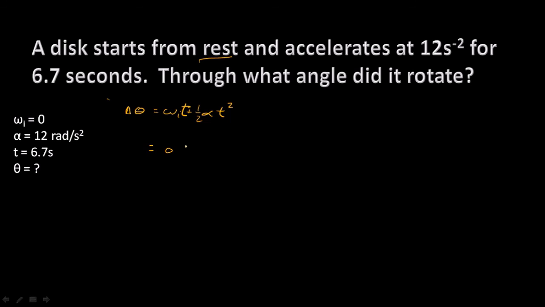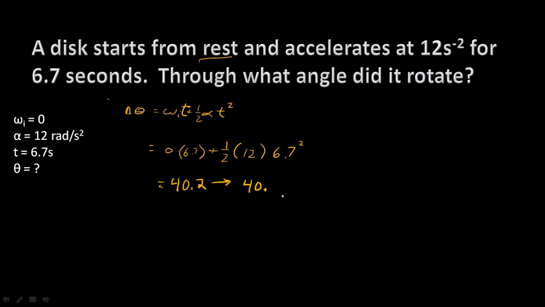It's going to be 0 times 6.7 plus 1/2 times 12 times 6.7 squared. And then we compute the answer, and we're done. My calculator says that the answer is 40.2, but that's too many significant figures, so we're going to round that to 40. I'm going to put a decimal point there to show that we do have 2 significant figures, not just 1.